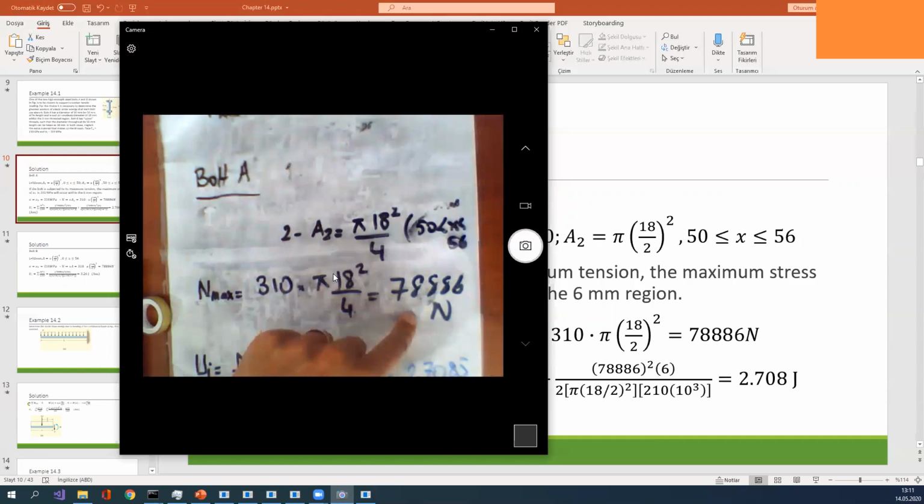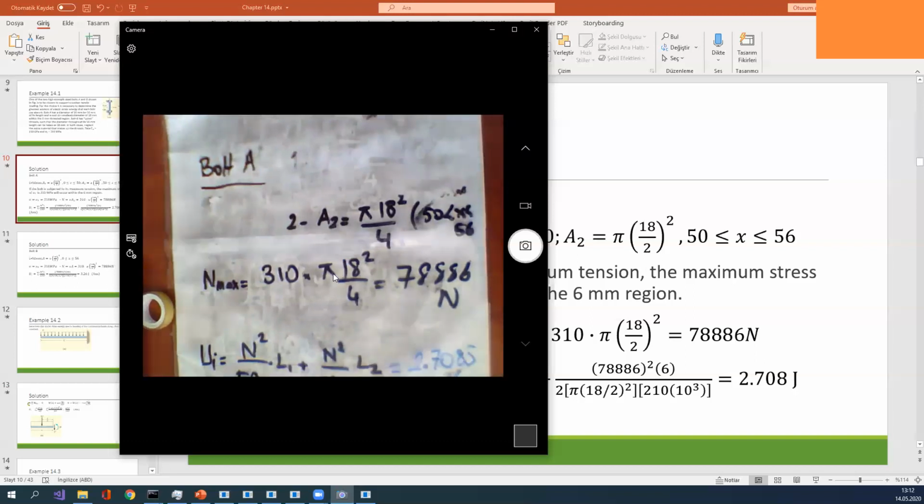In other words, both bolts can carry the same axial force, but the energies can be different. Maybe you have a think about which one can have more strain energy.